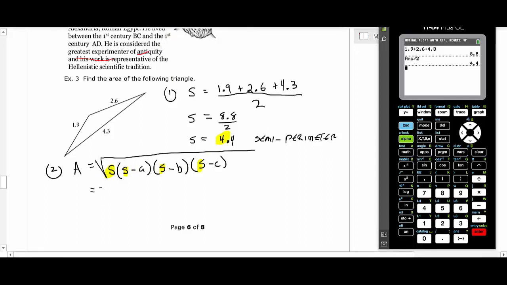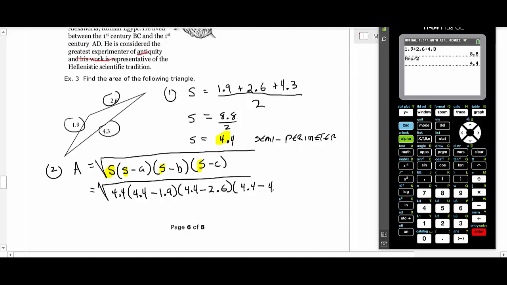So you'll do the square root of the semi-perimeter, 4.4, then 4.4 minus one of the sides. It doesn't matter which side's which, so I'm going to do 1.9. Then the semi-perimeter minus another side, which is 2.6. And finally, the semi-perimeter, 4.4, minus the other side, 4.3.